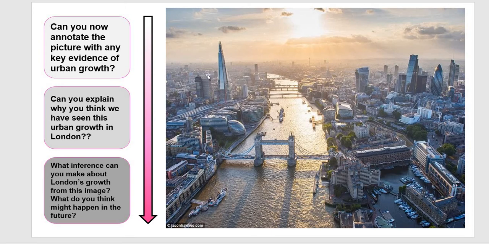Okay, so why have we seen this urban growth in London? Well, a huge growth in the population of the UK, just naturally, with decreasing death rates, meaning that the population has grown, but also people migrating here, not just across the UK, but from all over the world to get jobs in London.